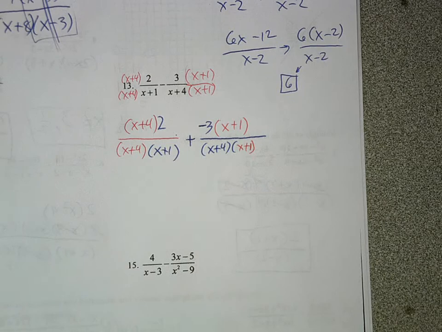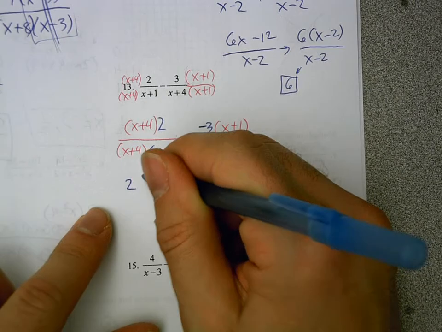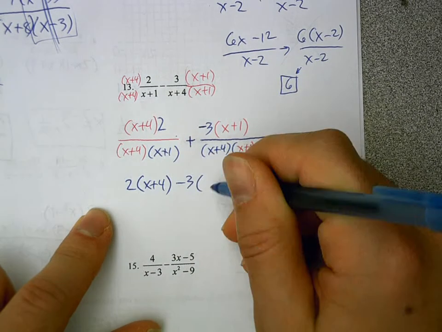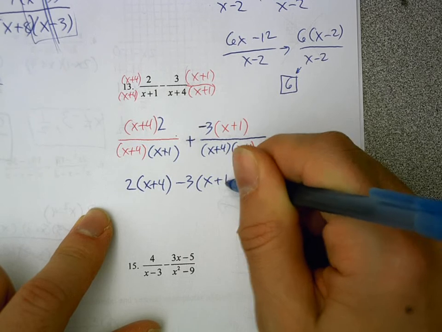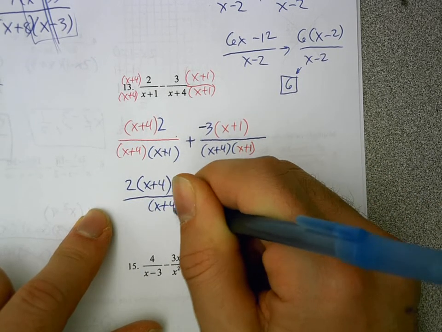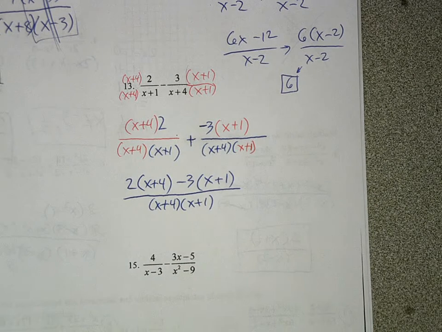I can put this all together as a single fraction. Let's rewrite this a little bit. 2 times x plus 4 minus 3 times x plus 1 all over x plus 4 times x plus 1. No canceling yet because the top is all one big subtraction problem right now.